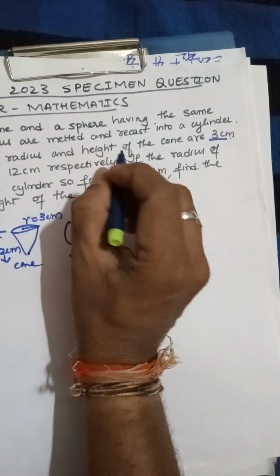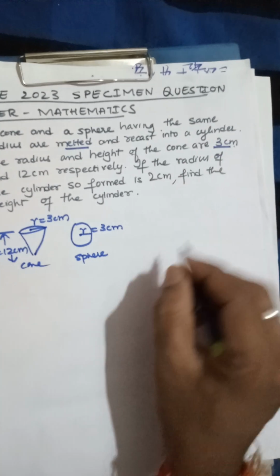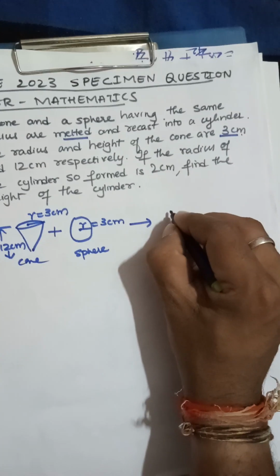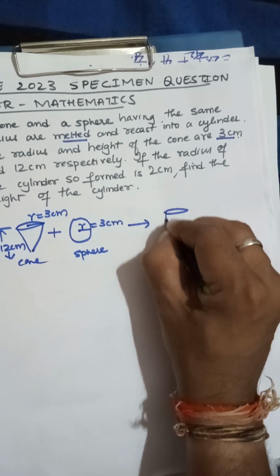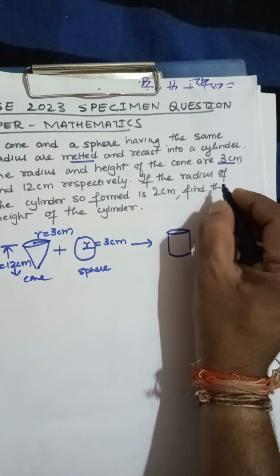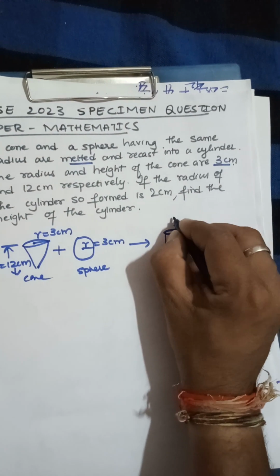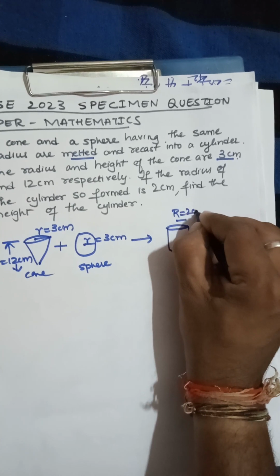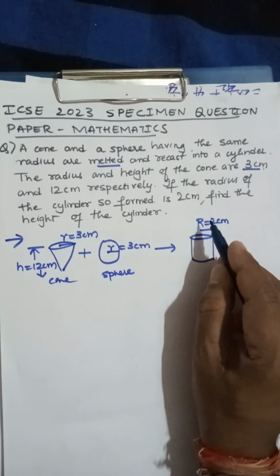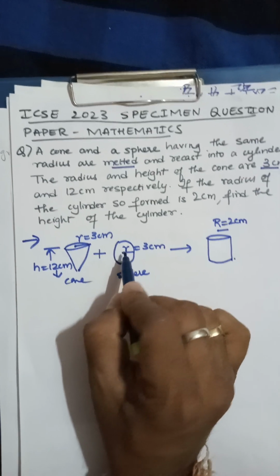Now these two solid shapes are melted and recast into a cylinder. Let us call the radius of the cylinder capital R, to differentiate it from the radius of the cone and the sphere.